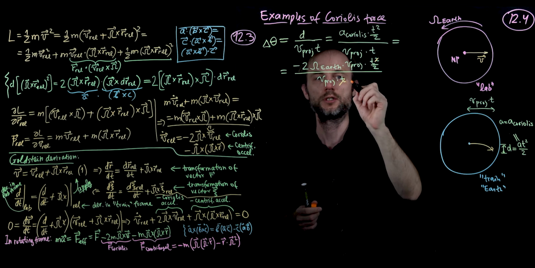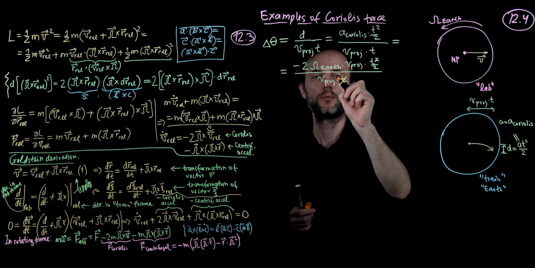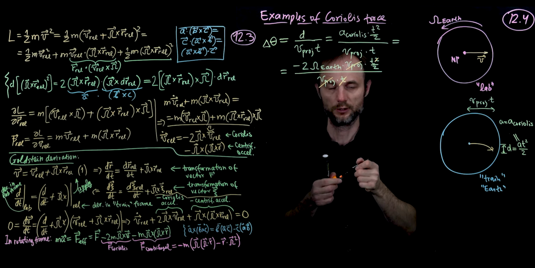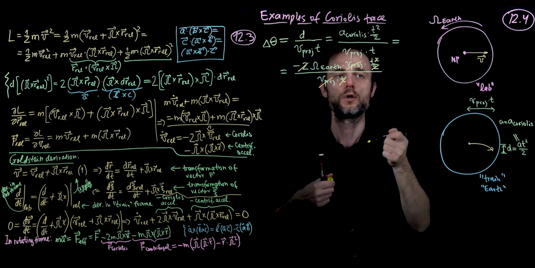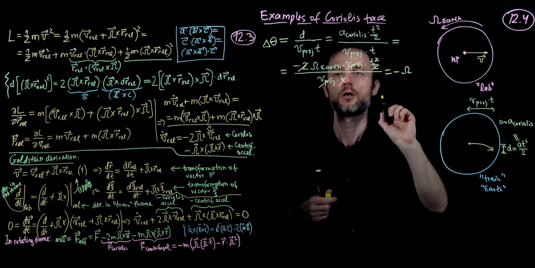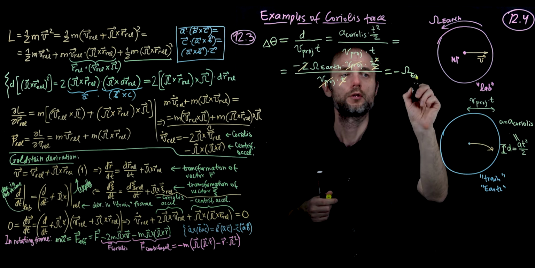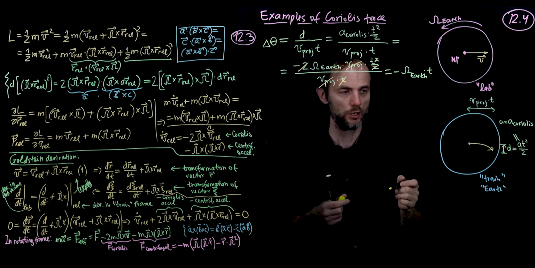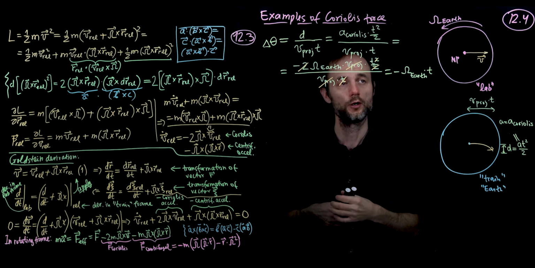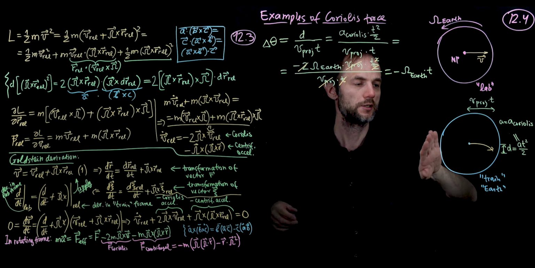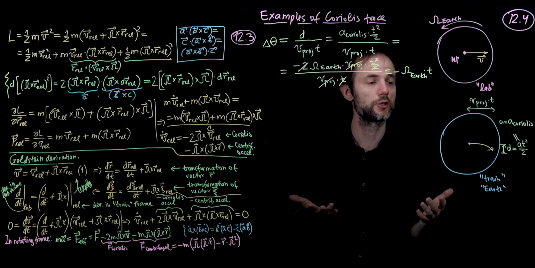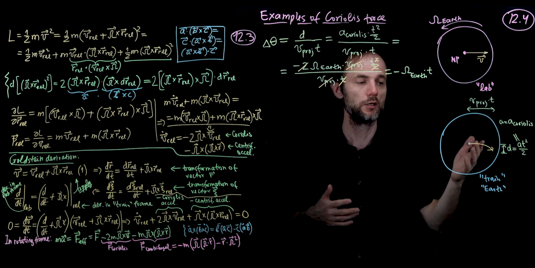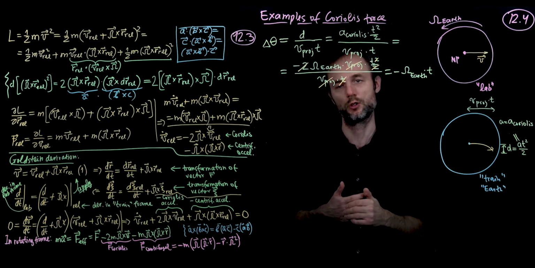One of the t's gets cancelled out, v projectile gets cancelled out, 2 cancels out, and we end up with minus omega Earth times t. So this angular deviation is omega Earth times t, and the minus sign is telling us that it's deviating opposite to the positive direction of rotation, meaning it's rotating clockwise if the Earth rotates counterclockwise.